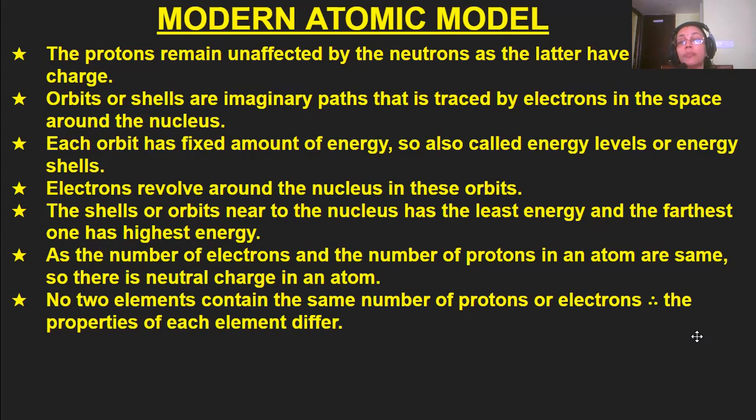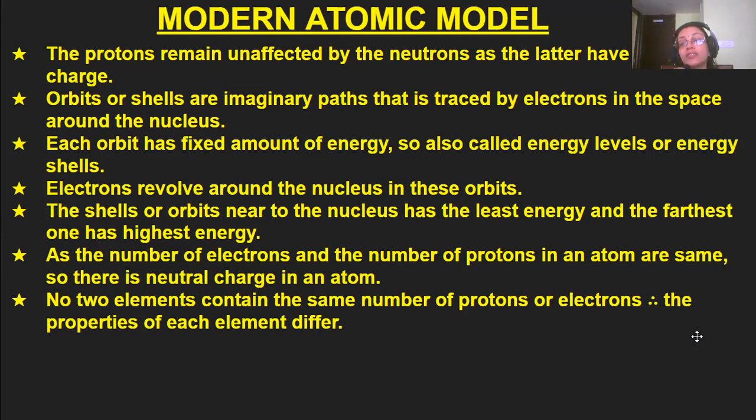The shells near the nucleus have the least energy, and the farthest one has the highest energy, as they need some force to revolve around the nucleus, because the space increases, so they have to move around more.